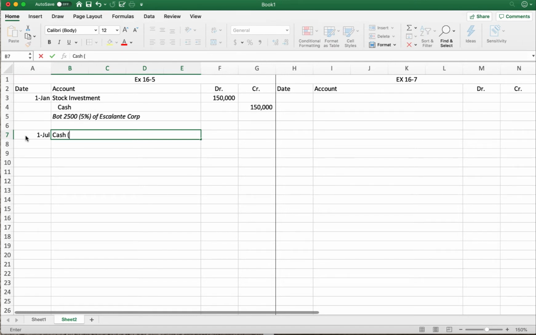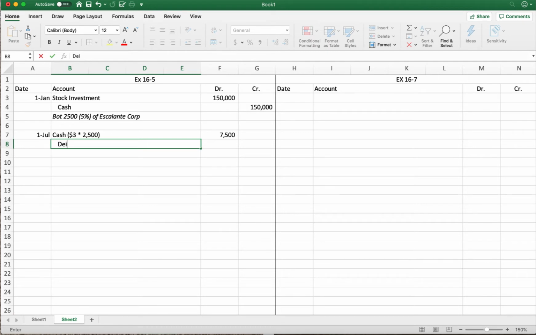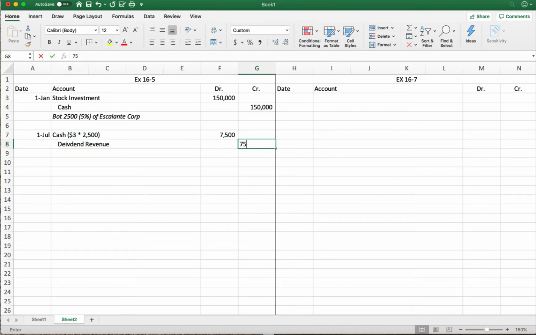Well, we're getting $3 per share, and we own 2,500 shares. That means we're getting $7,500 in cash. Okay. We need to credit dividend revenue. Again, I'm crediting dividend revenue because we own 5% of the stock, so we have to use the cost method, right?